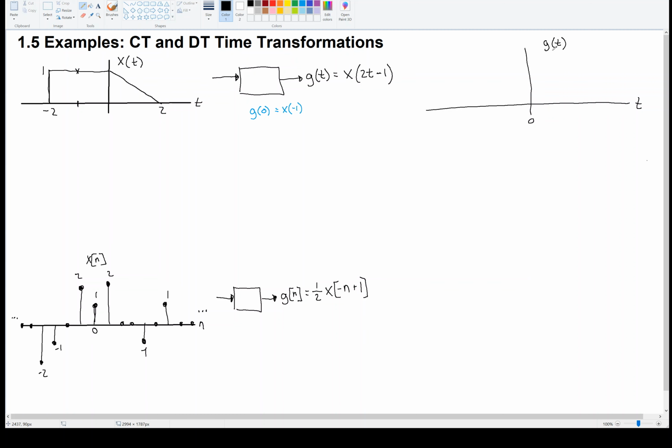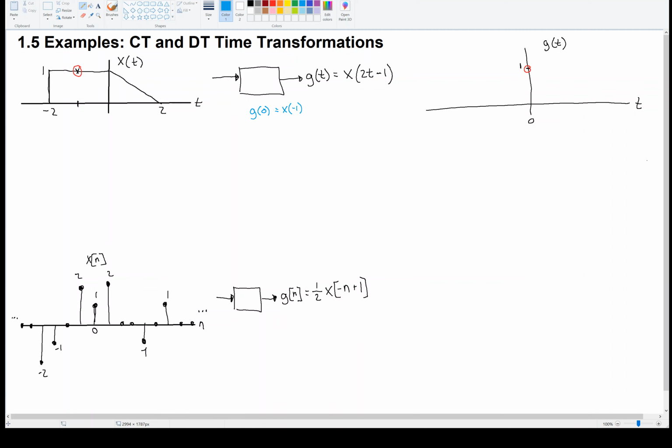So on my graph, g of 0 is 1, right there. This point here got mapped to this point here in the transformation. All right, that's kind of cool.